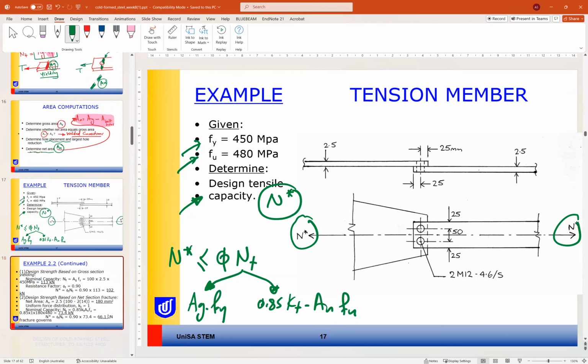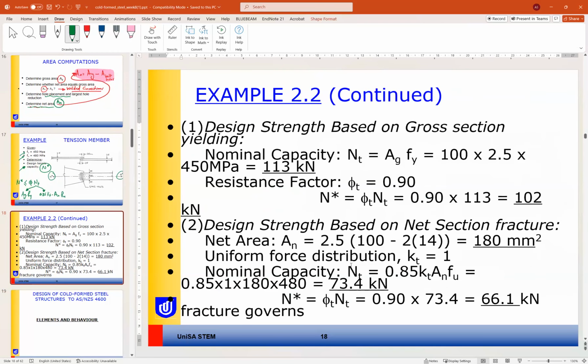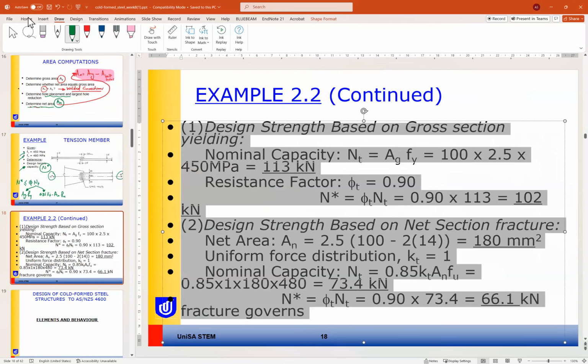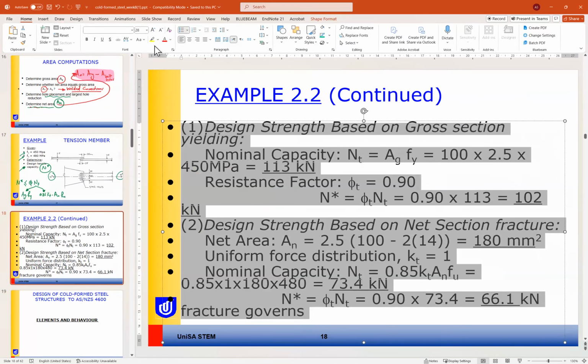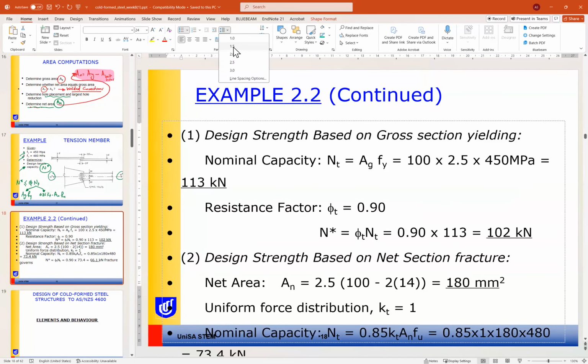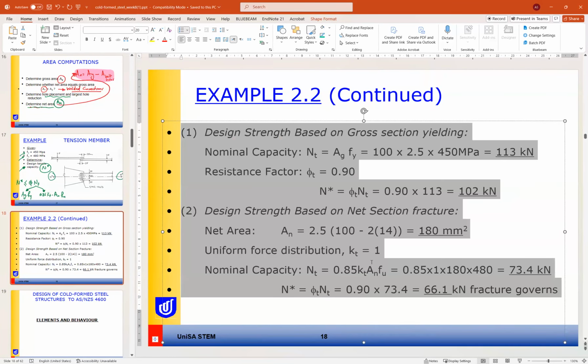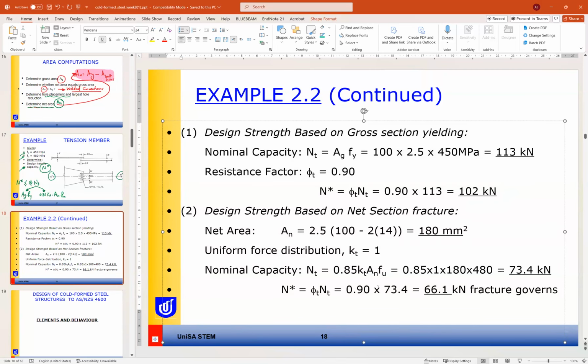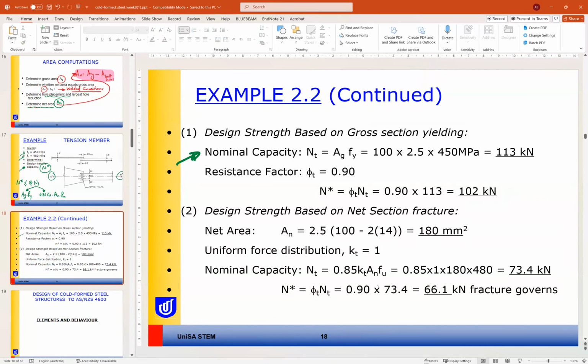so if we look at the solution here, the first capacity is the nominal capacity for the gross section area yielding.